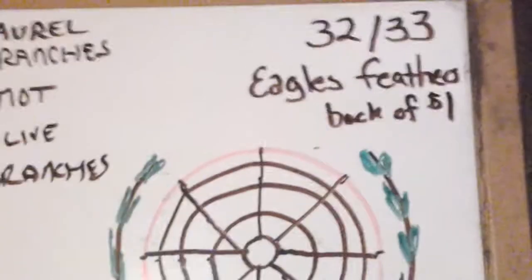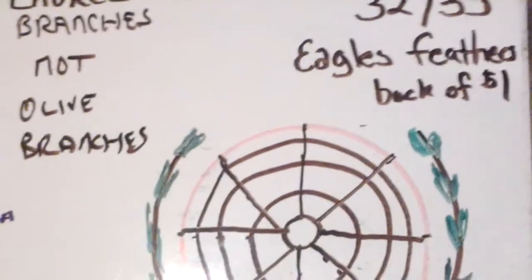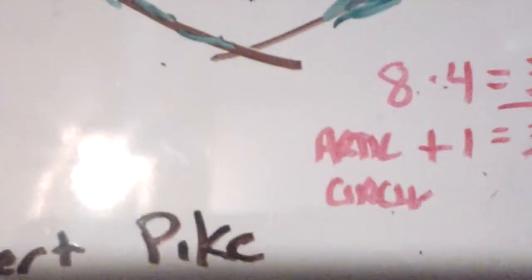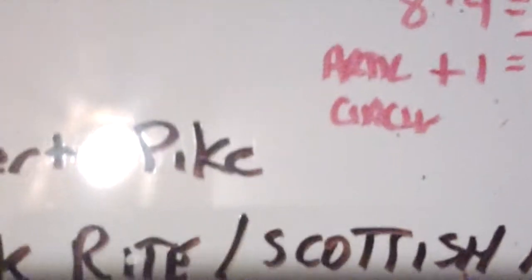So if you look at the back of a dollar bill, there's the eagle here. One of the sides has 33 feathers and the other one has 32. And that has to do with the people that designed the bill. They were all Masons. There are 2 kinds of Masonry, the Scottish Rite and the York Rite.